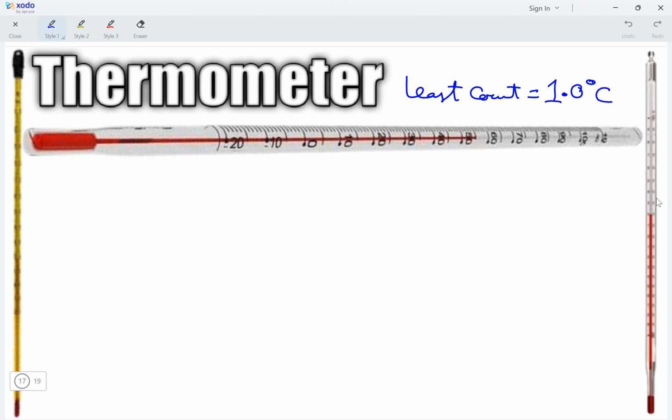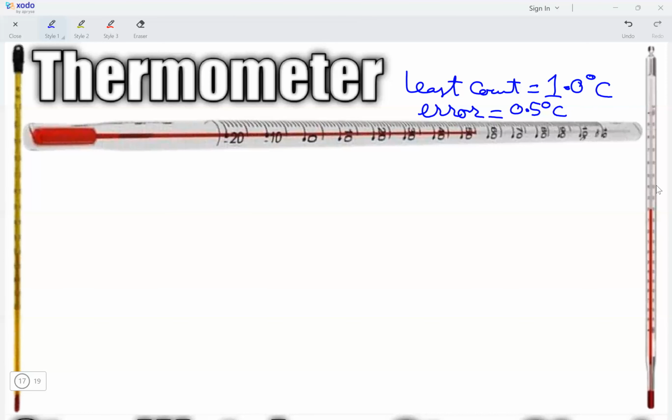So, if the least count is 1 degree Celsius, then the error in measuring a single reading would be 0.5 degrees Celsius. So the error in measuring temperature value using a thermometer depends on what is being measured.